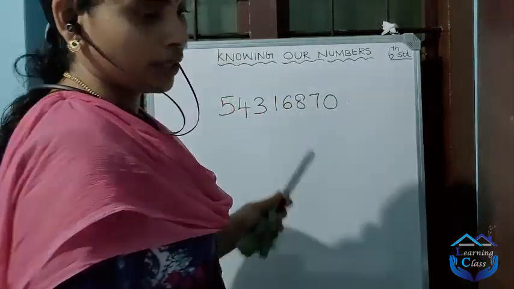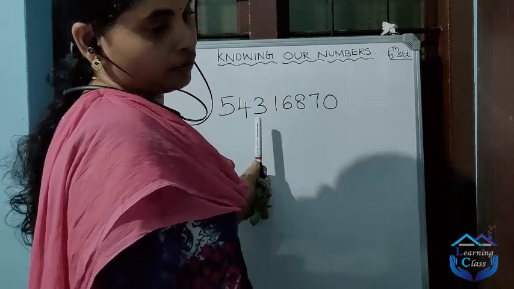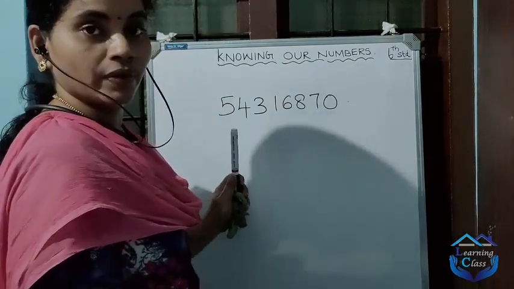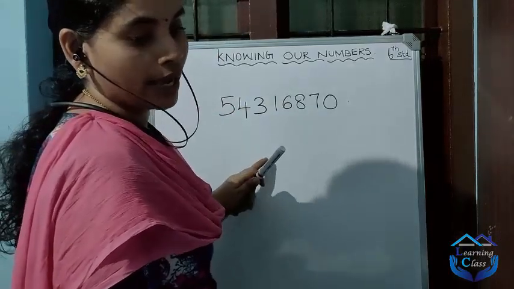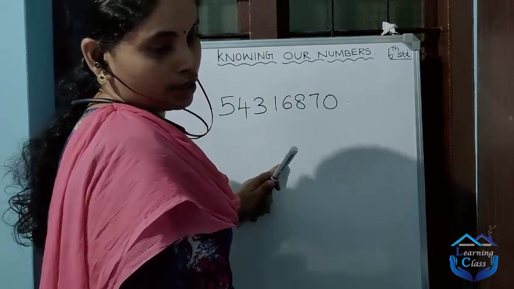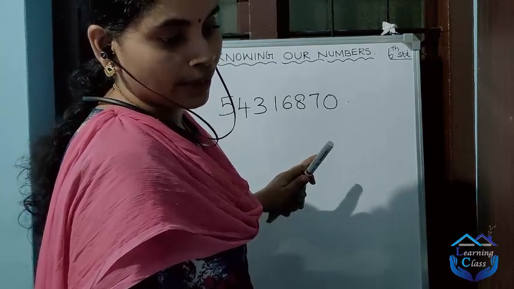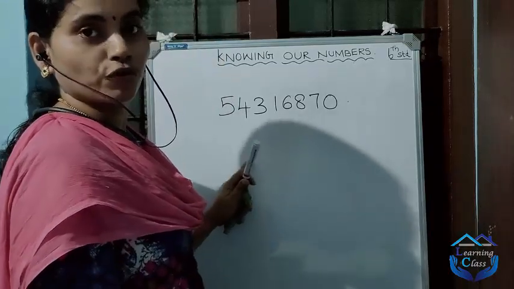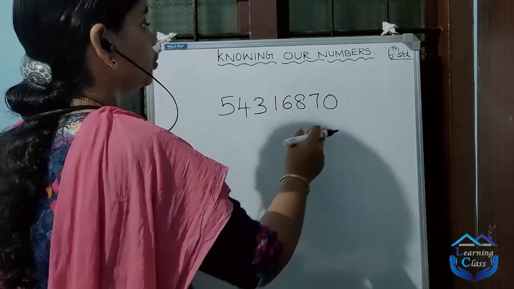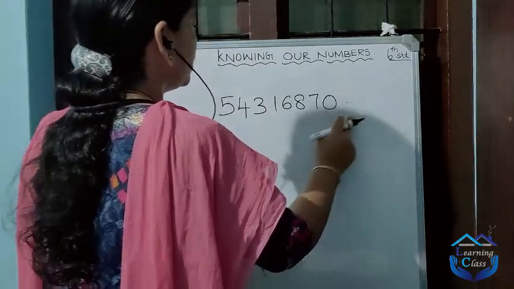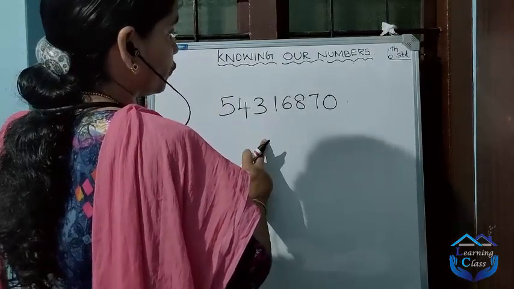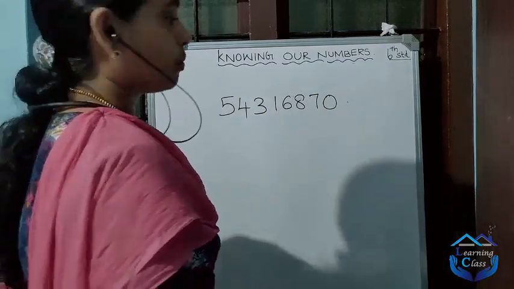We want to insert commas and write the number names in the Indian system of numeration. How can we insert commas here?